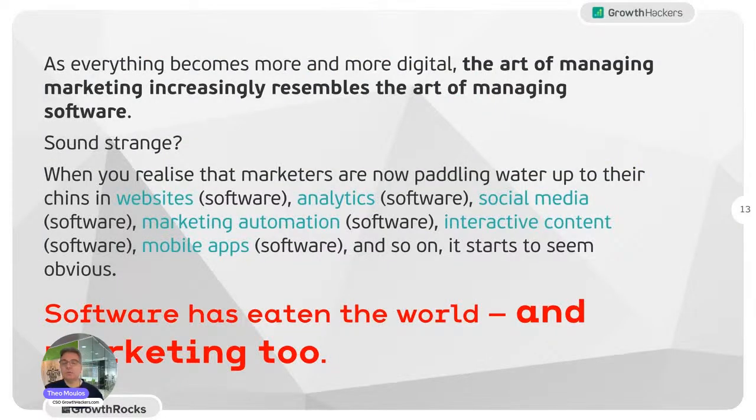And why is that? Because we realized something quite clear, that software has eaten the world, and obviously marketing too. And that's why, by leveraging technical platforms, we're able to gain what is ours and what could belong to us marketeers.